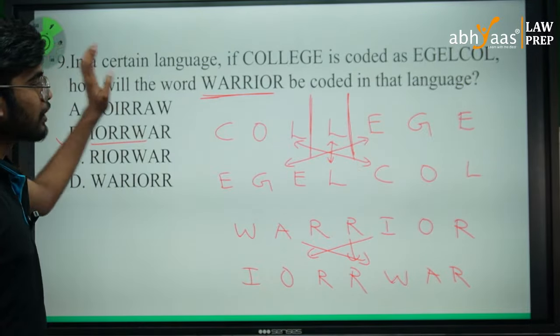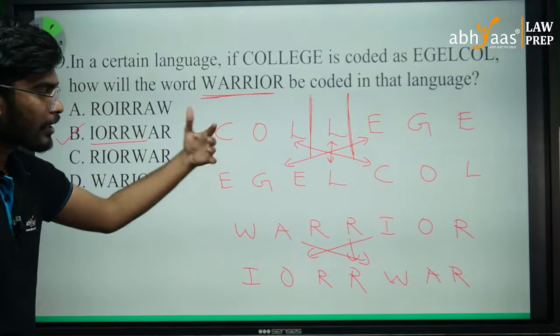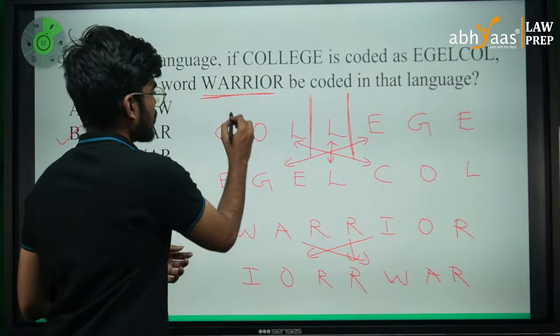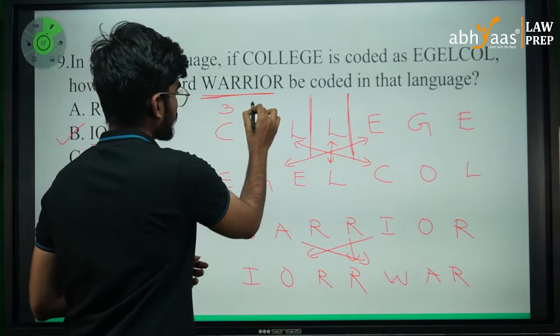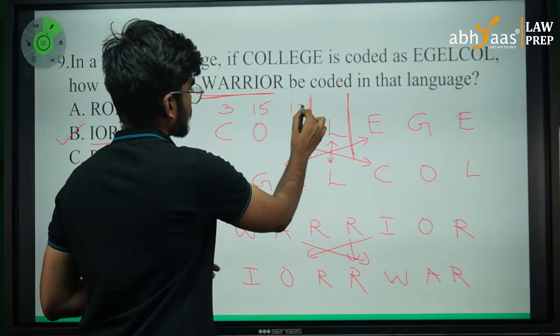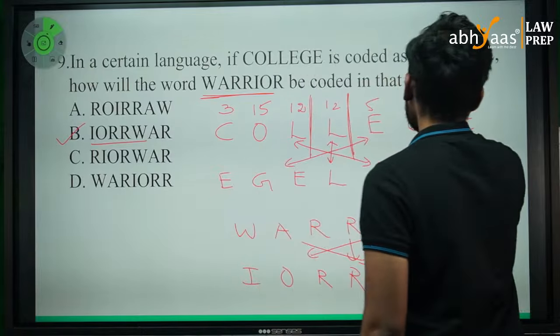Next. See here, why did I write it that fast? It is because I cracked the logic. What if not? See, I'll write the numerical values of this. C is 3. Next, I, J, K and L. Okay, 12, 12, 5, 7 and 5.